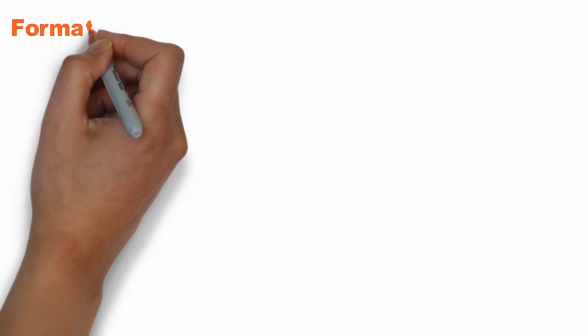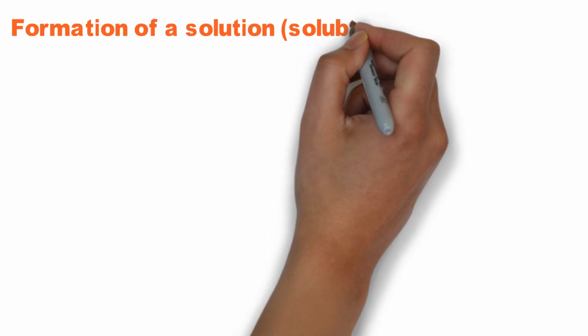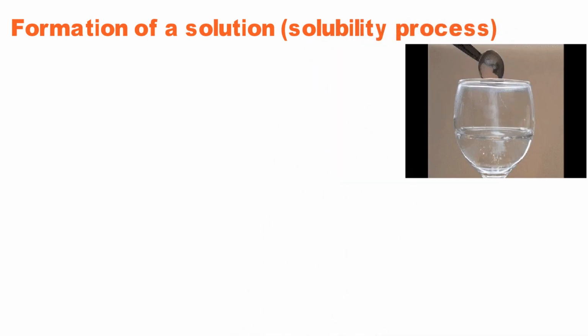Let us see. We learned before how to form a mixture. Today we will learn how to form a solution. We need a glass of water and a spoon of salt or sugar. First, we put the salt or the sugar in the water, then we leave it for a while.